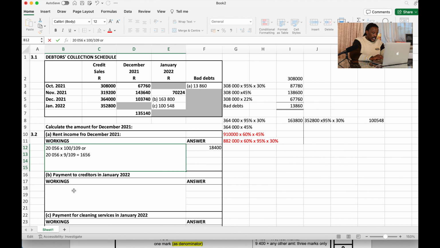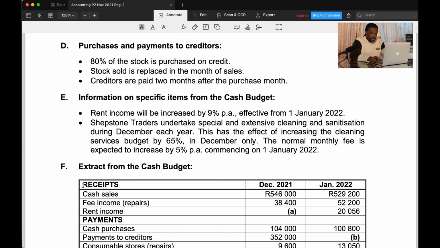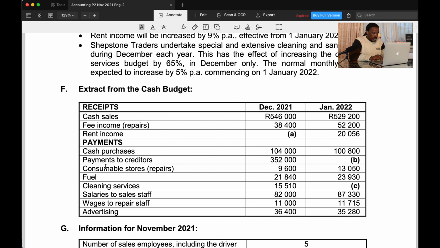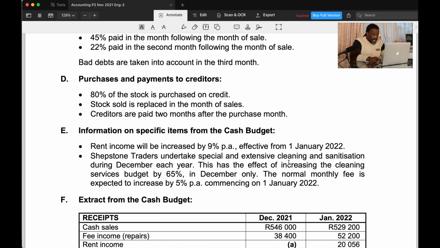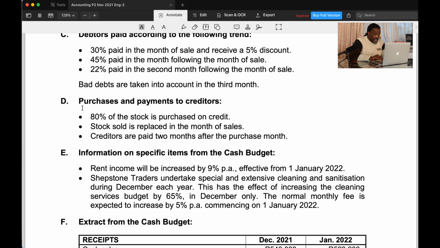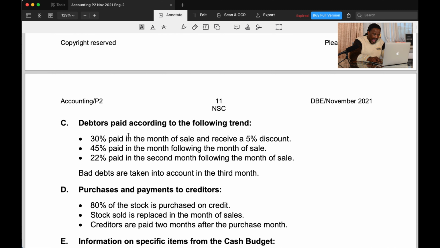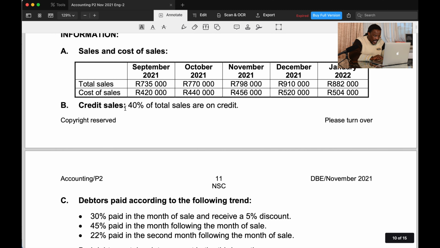Let's look at the next adjustment, which is B, payment to creditors. They gave us also the payment to creditors. Payment to creditors for December is already recorded. And we need to read number D, purchases and payment to creditors. 80% of stock is purchased on credit. So hence I'm always saying stock sold is replaced in the month of sales. Creditors are paid 2 months after the purchase month. So when you do that, you're like, okay, I need 80% of cost of sales.